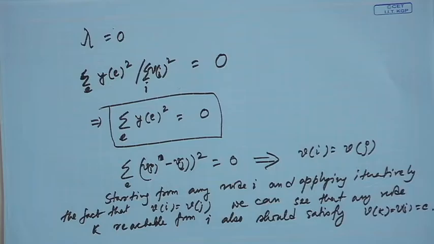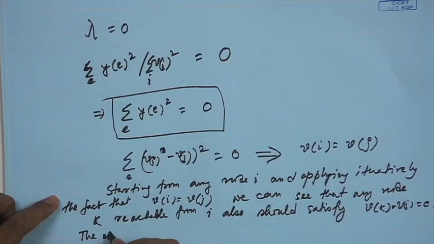Since (Vi minus Vj) whole square is equal to 0, we apply this property iteratively. So, Vi is equal to Vj, Vj is equal to Vk, and in this way Vk is equal to Vm, and so on and so forth. So, on a connected component, everything that is reachable from i will have a similar eigenvector entry.